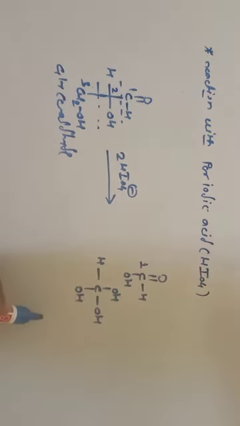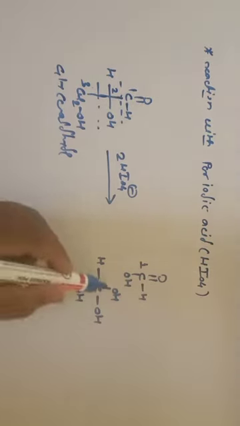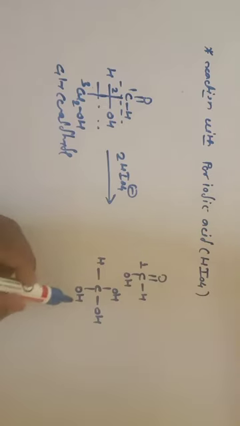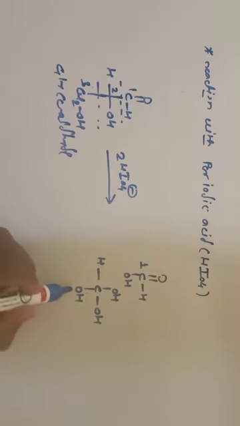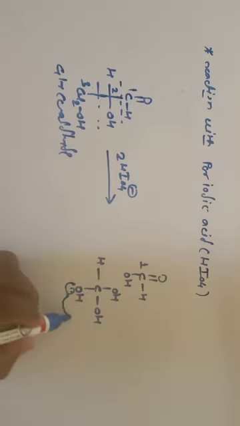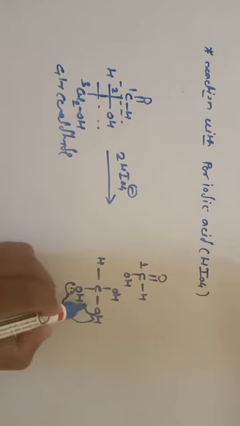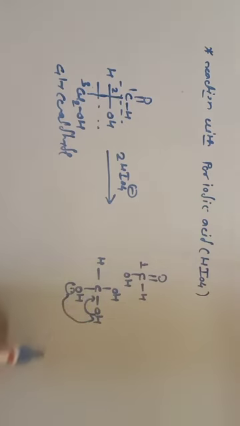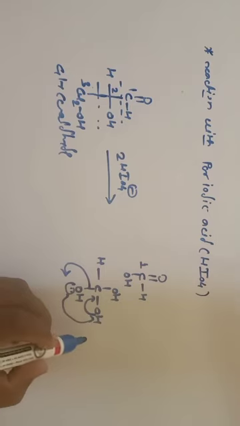And we know that more than one OH group on the same carbon is not stable, it is an unstable species. So it eliminates one water molecule, it will abstract this proton, the bond between oxygen and hydrogen will shift here and the water will leave out.